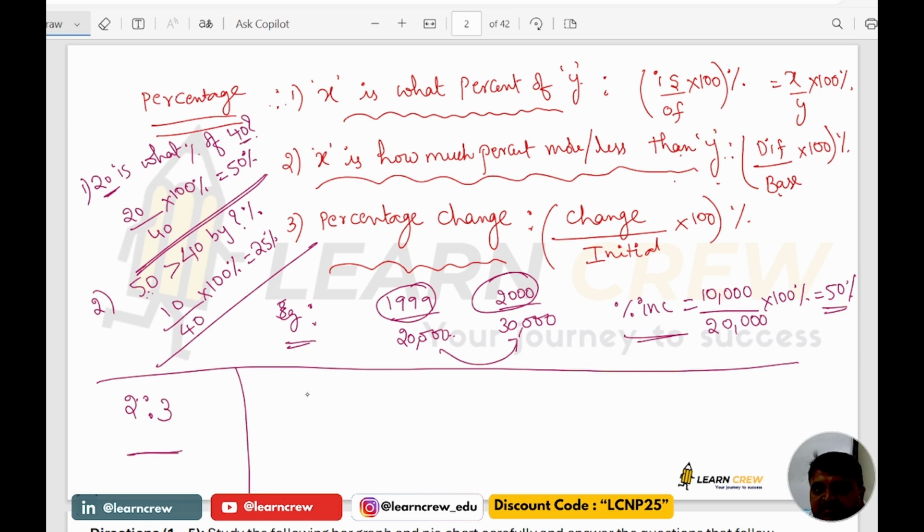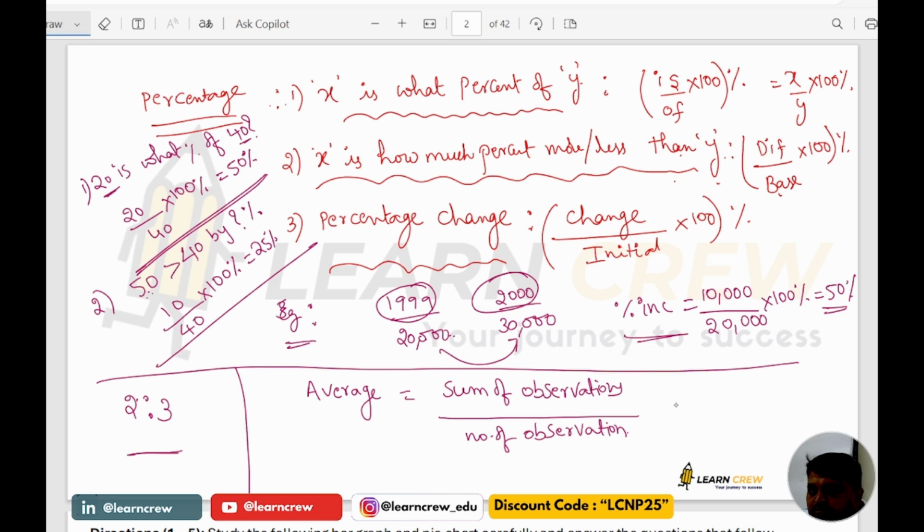Next, average. Average is nothing but the sum of the observations divided by the number of observations. For example, what is the average population of the years 1999 and 2000?